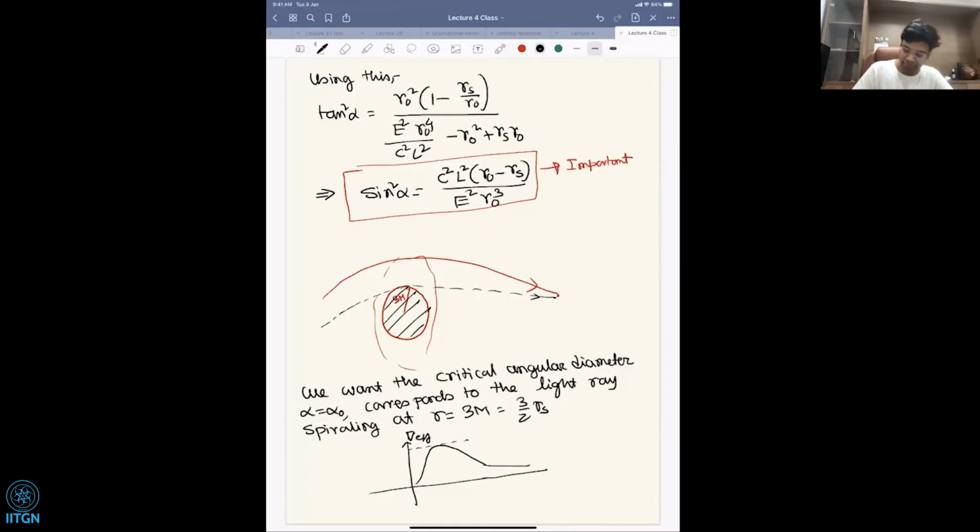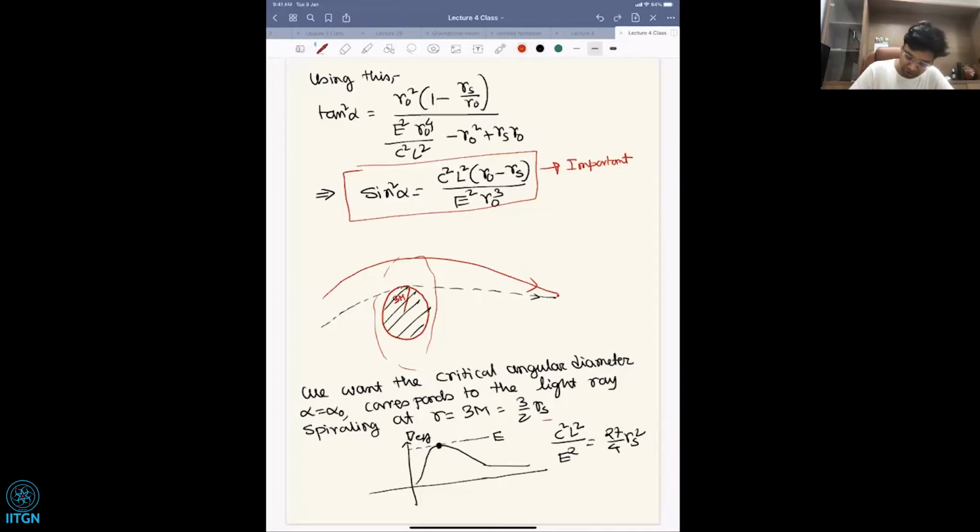We concluded that for this particular light ray, with energy E, for which there is a circular null geodesic, we have the condition c square L square by E square equal to 27 by 4 rs square.